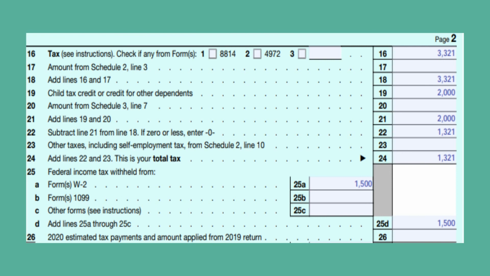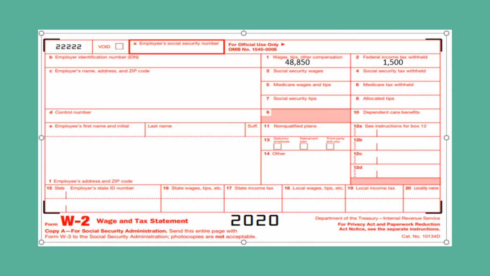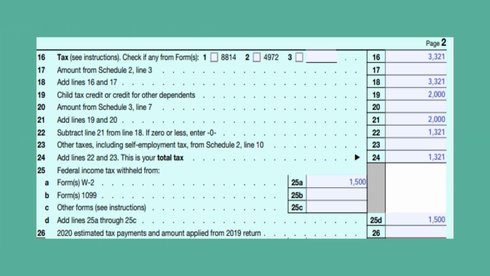Next, we will put your federal income tax withholding on the return. Again, you can find that from your Form W-2 in Box 2. It is $1,500 in this example. Put that on line 25A and carry it to line 25D.